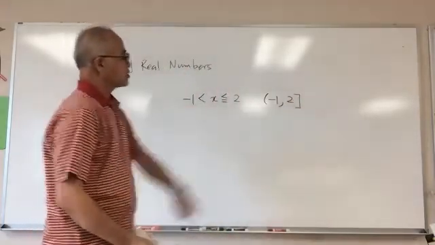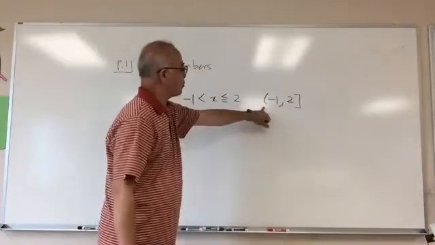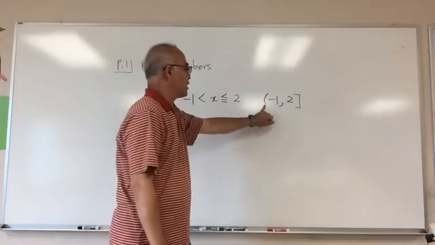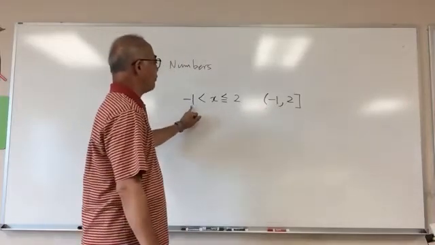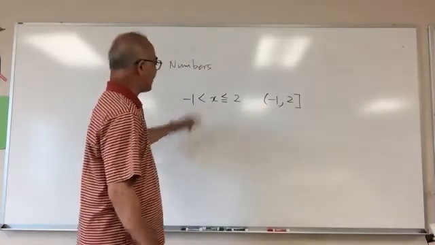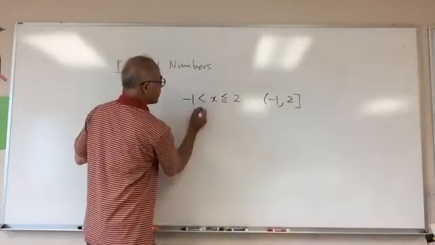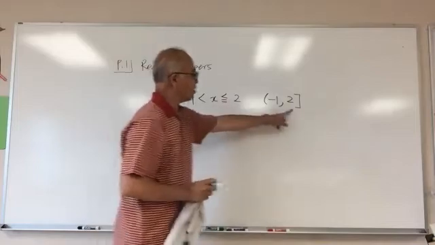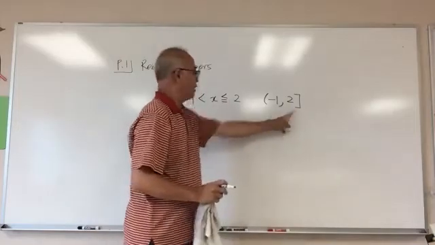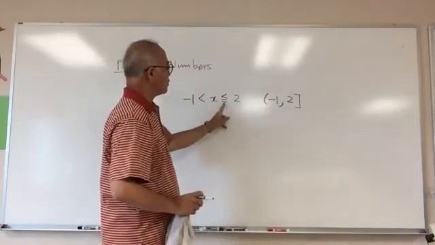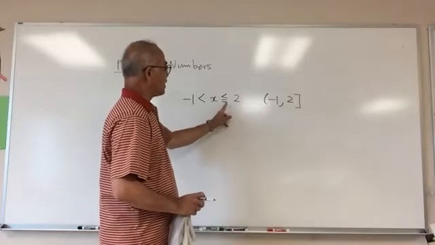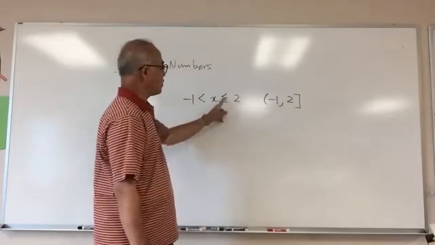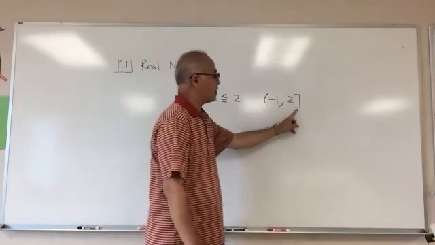This type of bracket indicates that it's an open boundary. In other words, the boundary number -1 is not included. There is no equal sign here. On this one, the hard bracket, the end point 2 is included, meaning the equal sign is there. That's why we have this type of bracket.